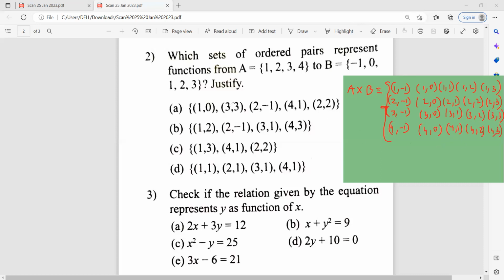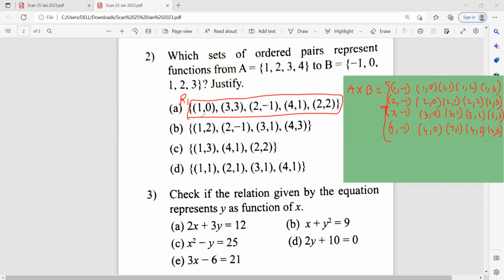Now you can check. Look at the first one. Let me name this set as R1. Is this set R1 a subset of A cross B? Yes. Why?